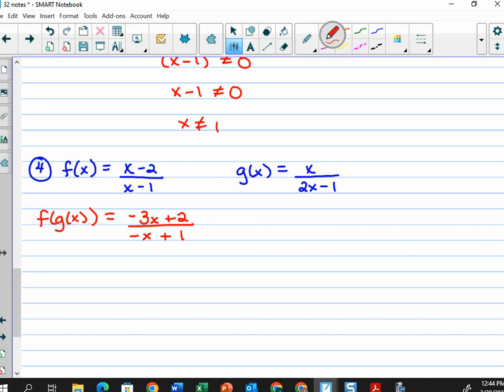Okay, your denominator. I should say, this is the key.